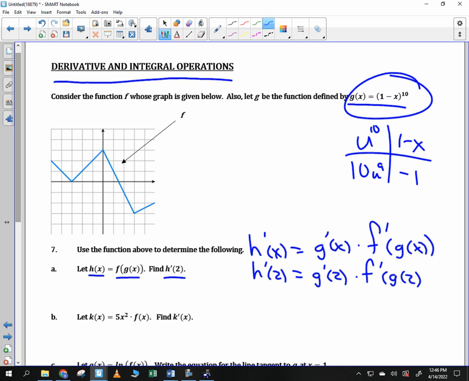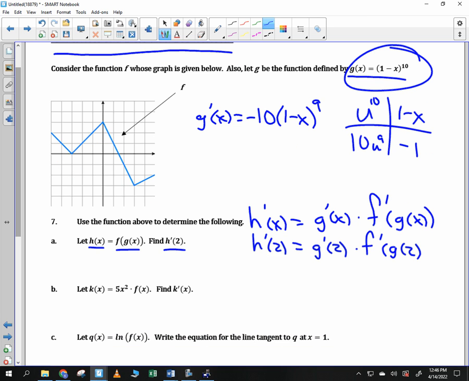Now you get -1, right? So it turns out that g prime of x is equal to -10 times 1 minus x raised to the 9th power. And what am I plugging in for x? 2. 1 minus 2 is -1 to the 9th times -10. So it ends up being 10.